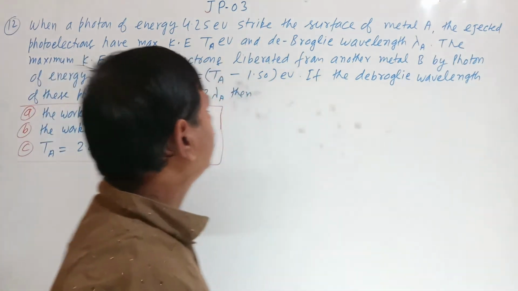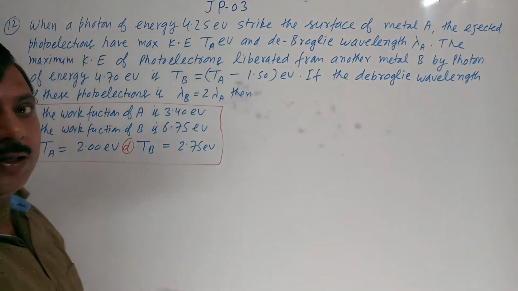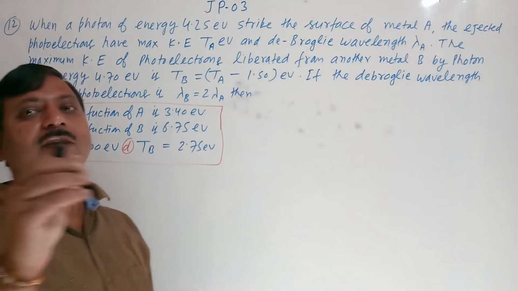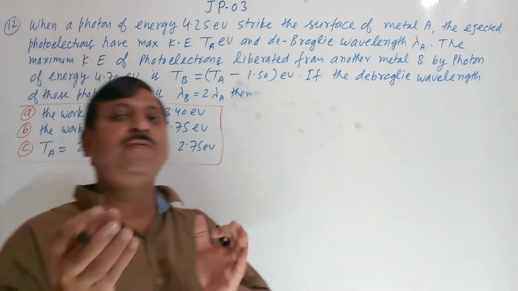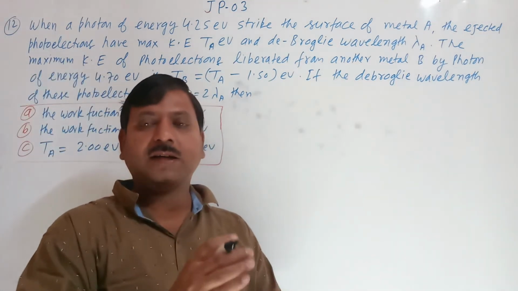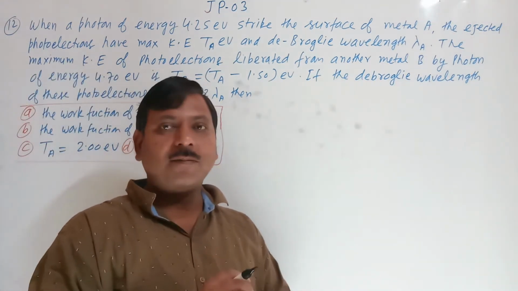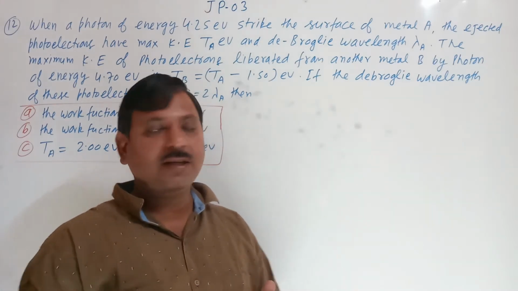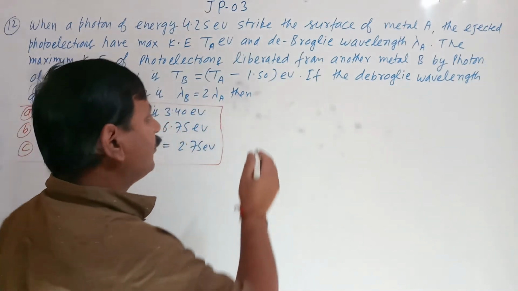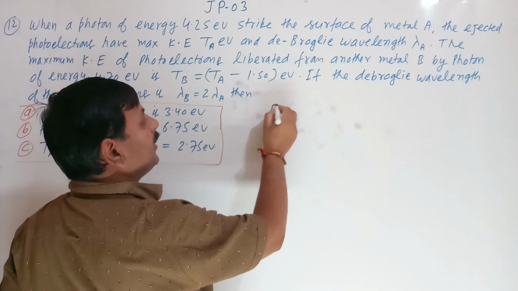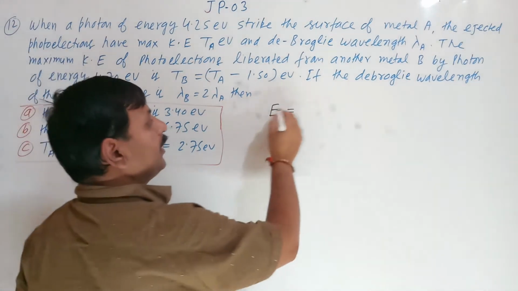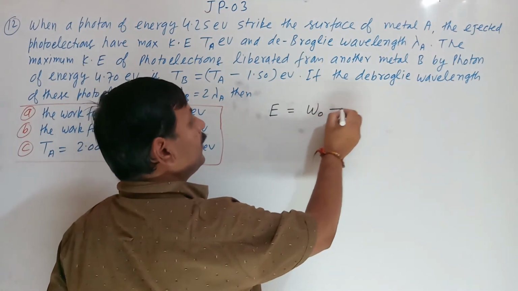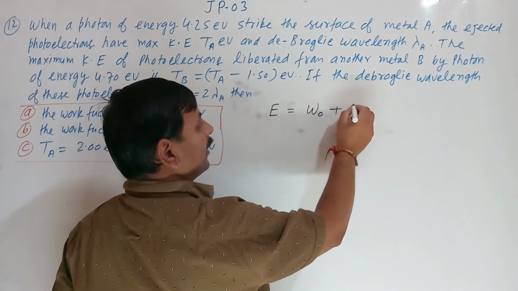See here, what we know: when photons of suitable energy are striking a metal plate, what happens? They are ejecting electrons. So if suppose E energy falls, so E is equal to what? Work function plus maximum kinetic energy.